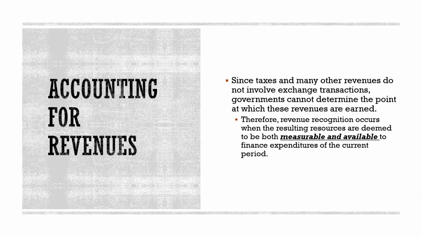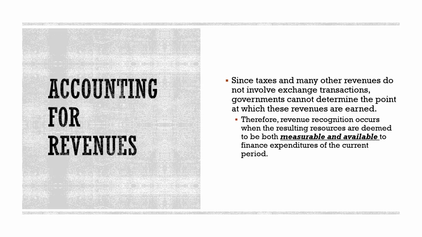Just as a reminder, we don't have a lot of exchange transactions in the government. Most of our revenue comes from things like taxes or from grants, donations, things like that.